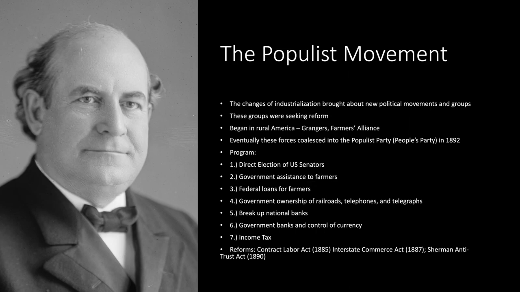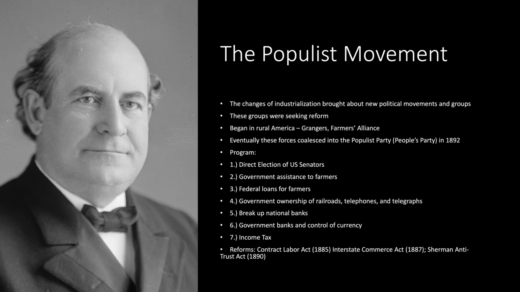At this point, the United States currency is on what's called the gold standard, which means that the paper currency is tied to the amount of gold bullion that the United States has, and the value of the paper currency is just floating. Well, what populists wanted was government to step in and control the value of the currency.